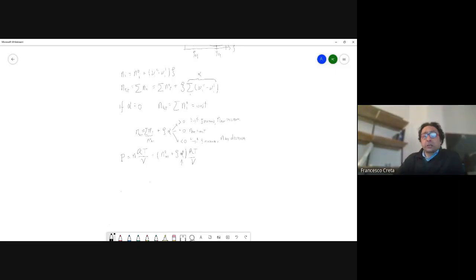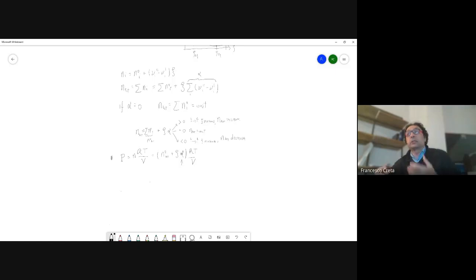And that can have quite an important impact, because if you look at the equation of state here, you immediately realize that the pressure at a given volume and temperature will change depending on whether the reaction proceeds from left to right or from right to left.